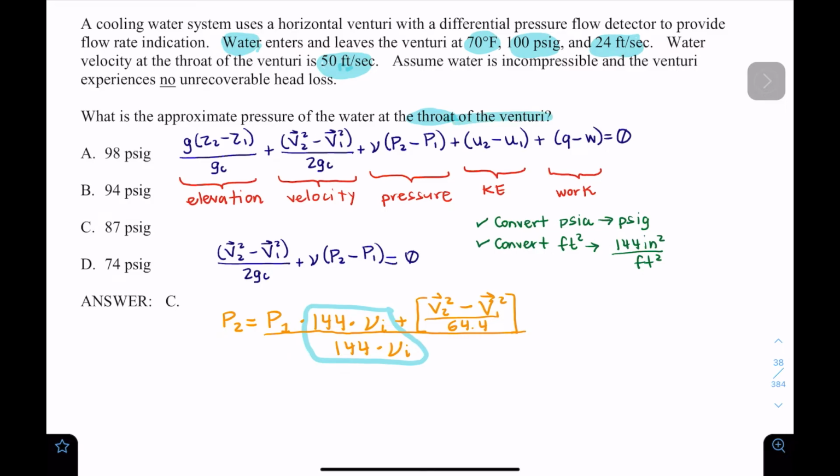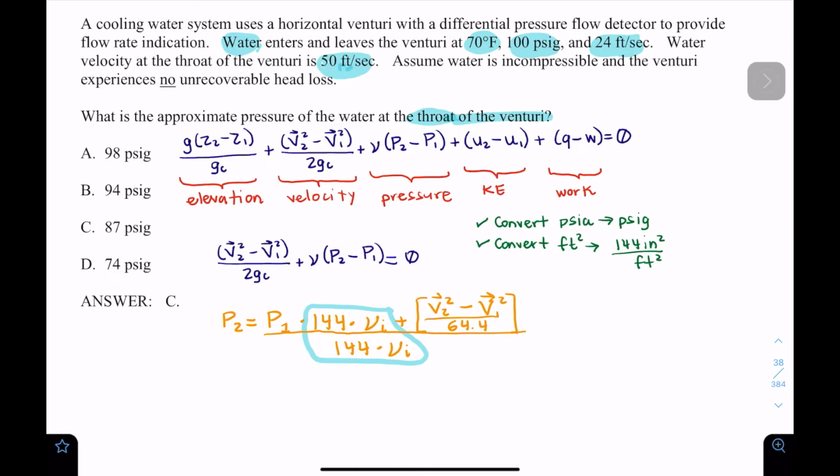On the question banks, or on the exam, we're given this formula, the Bernoulli equation. Since this is what we're given, we need to make sure that we know how to use it. So what does each part mean?